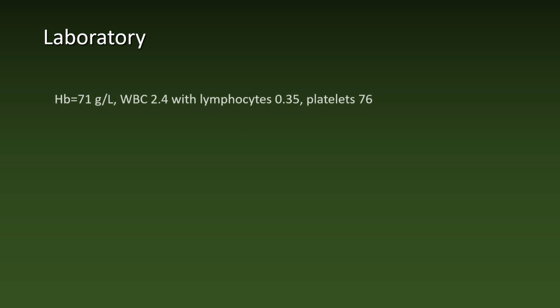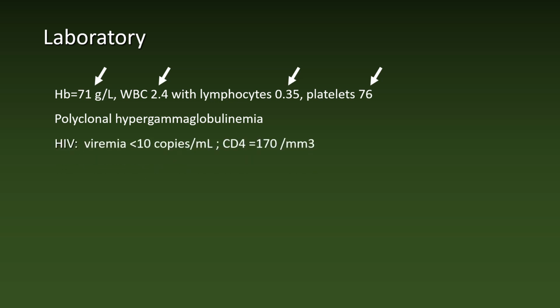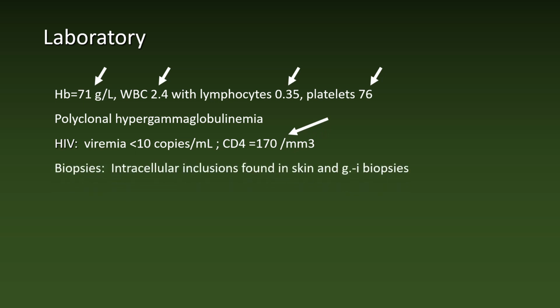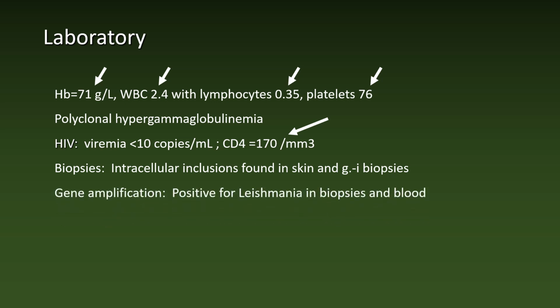Laboratory results show pancytopenia and polyclonal hypergammaglobulinemia. HIV replication is well controlled, but the CD4 count is still low 2 years after starting HAART. Biopsies of skin and esophagus, as well as gene amplification, confirm the relapse of Leishmaniasis.